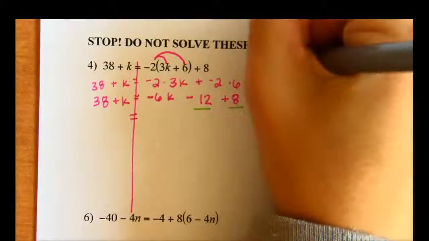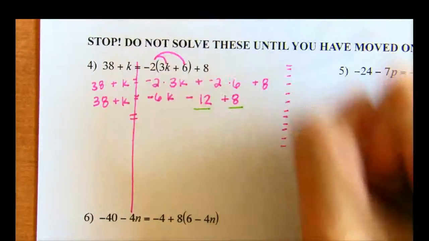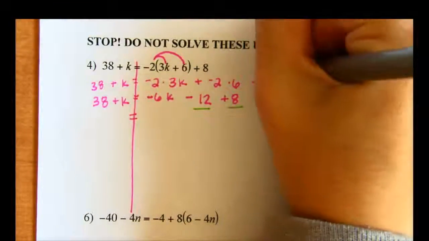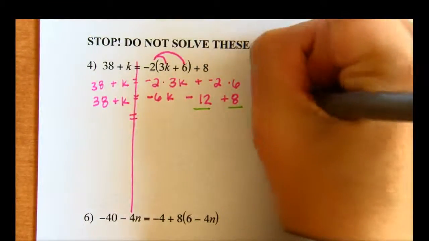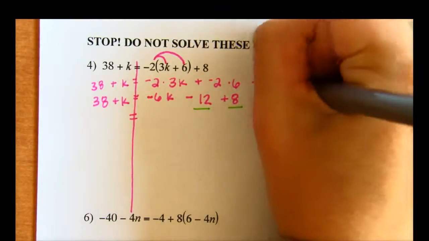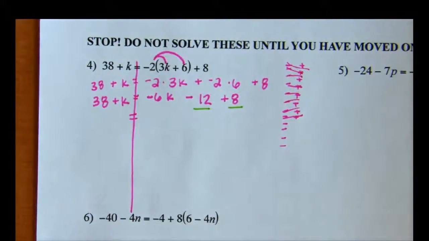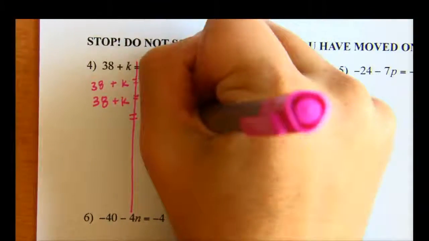So when I do that, negative 12 plus 8, I've got 12 negatives and 8 positives. 1, 2, 3, 4, 5, 6, 7, 8. When I cross them out, I'm going to be left with 4 negatives. So minus 4.